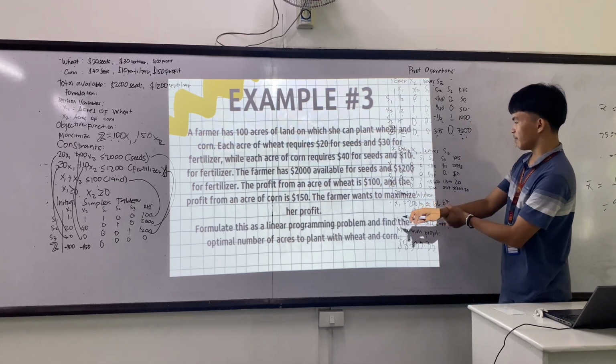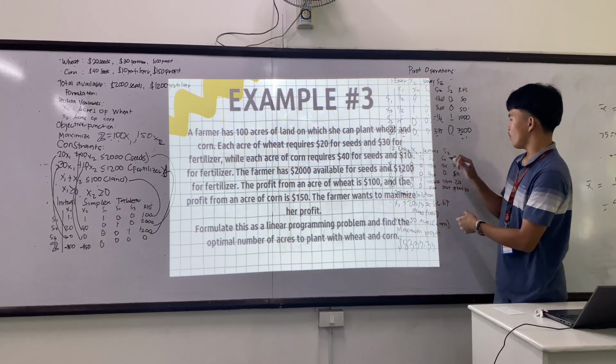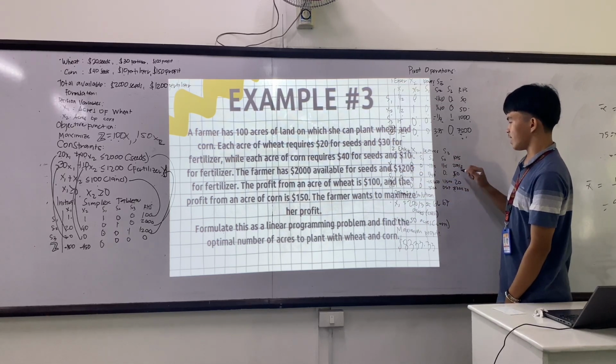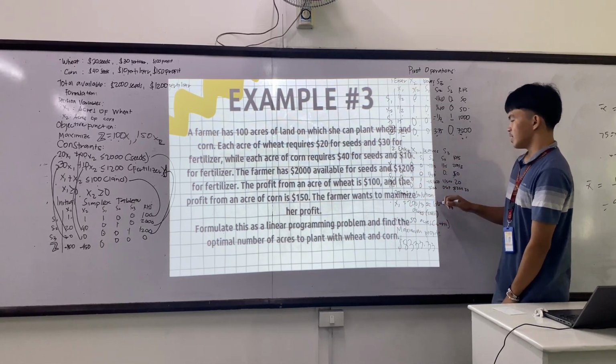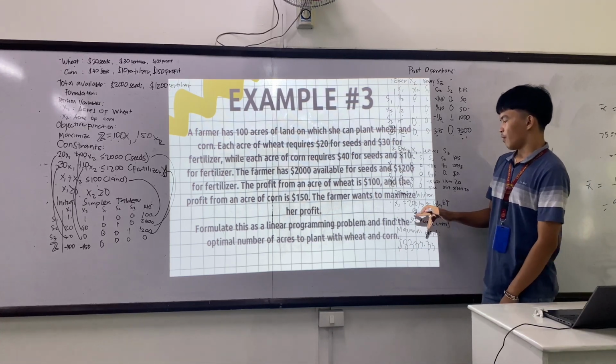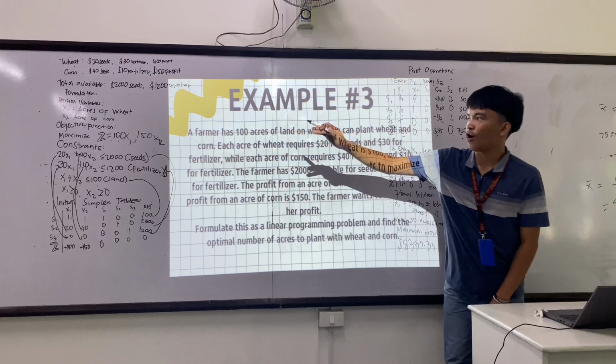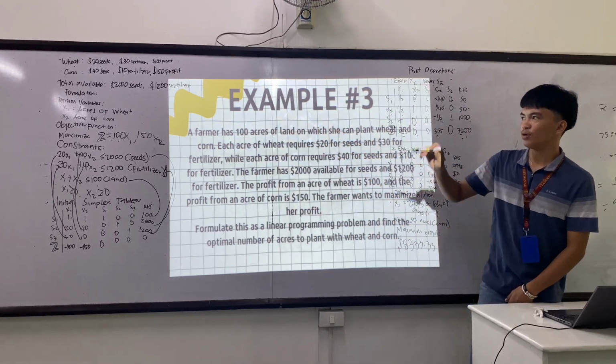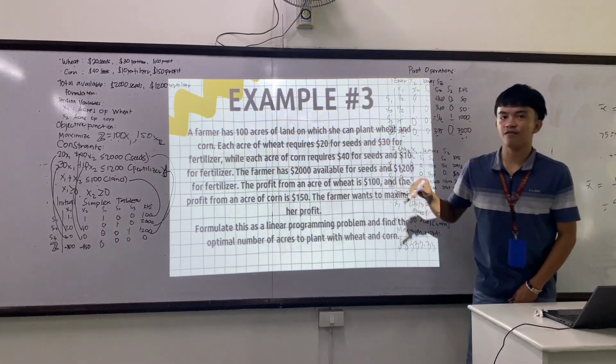For our optimal solution, x sub 1 we got 200 over 3, which is approximately 66.67 acres of wheat. For x sub 2, we have the acres of corn.